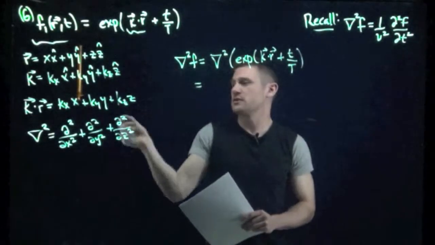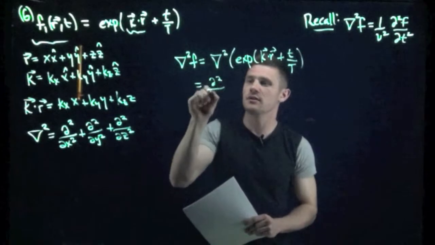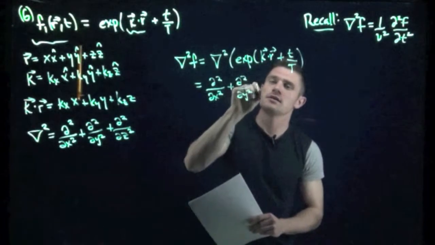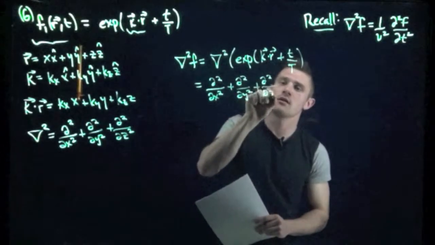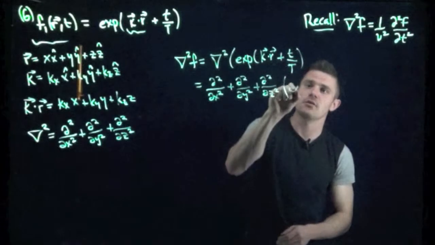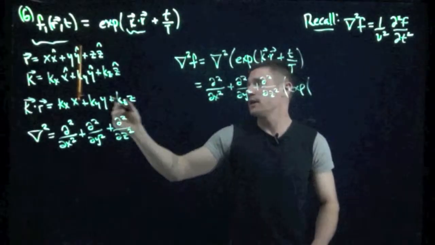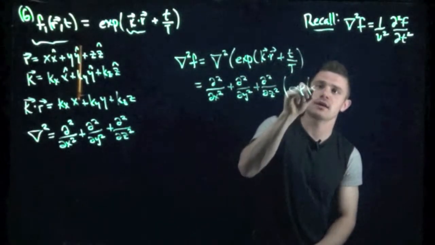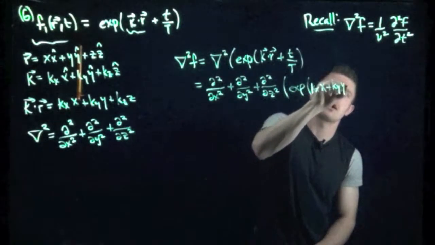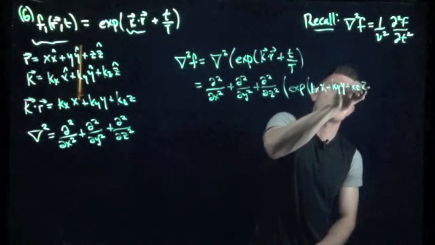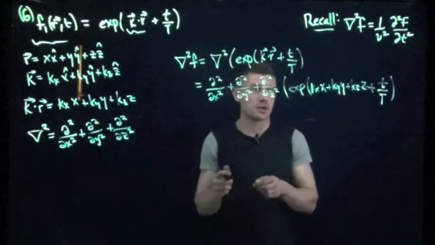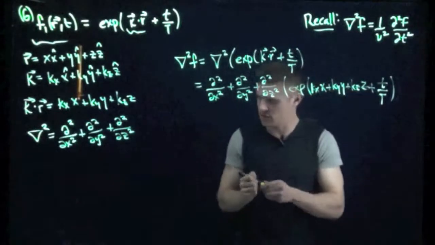And this, of course, when we substitute these formulas in, is the second derivative in x, second derivative in y, second derivative in z, of all of this big expression, which is the exponential of k dot r, which is over here, kx x plus ky y plus kz z, plus t over t. Just changing pens here so we can see what's going on.